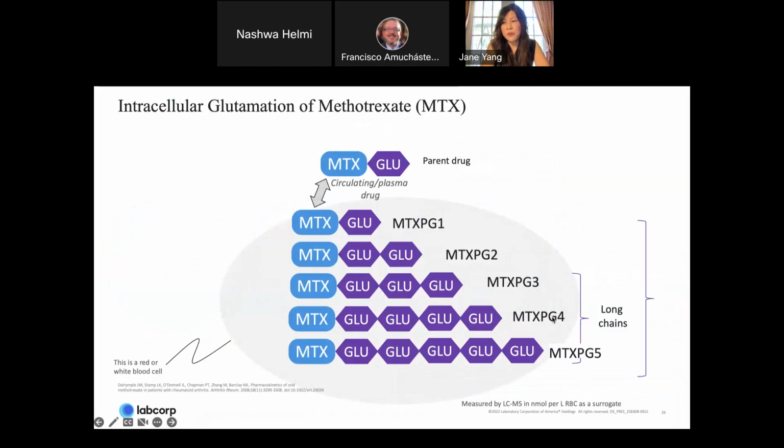PG2, 3, 4, and 5 are consecutively formed and retained inside cells with longer half-lives. PG3, 4, and 5 are considered long-chain methotrexate polyglutamates, and these may be the more active forms of methotrexate. Again, we use red cells as a surrogate for white blood cells for the measurements.